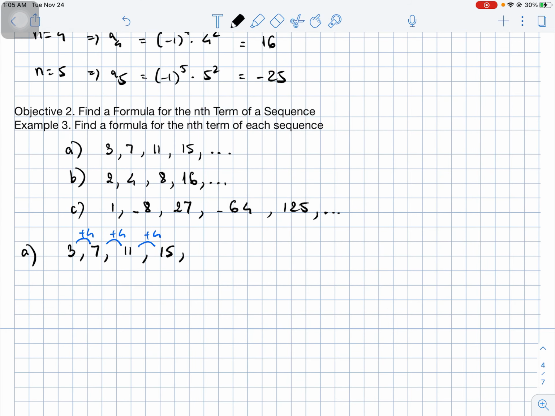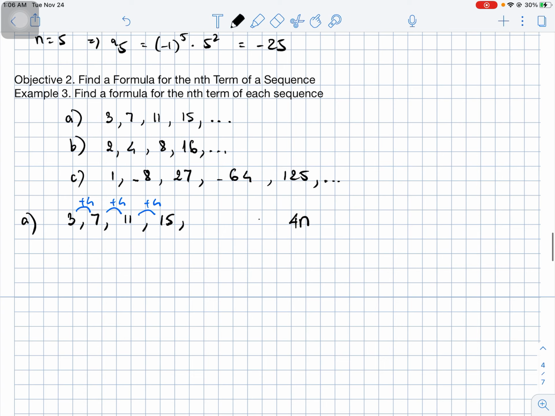When we're adding the same number, it means it's a multiple of that number. So adding the same number many times, that is 4n. If we think about the formula, it will be a_n equals 4n.